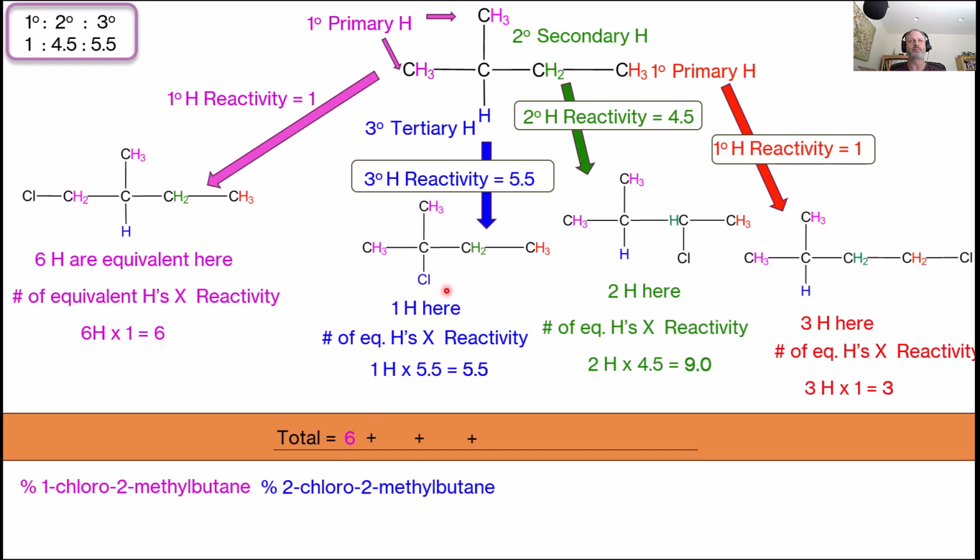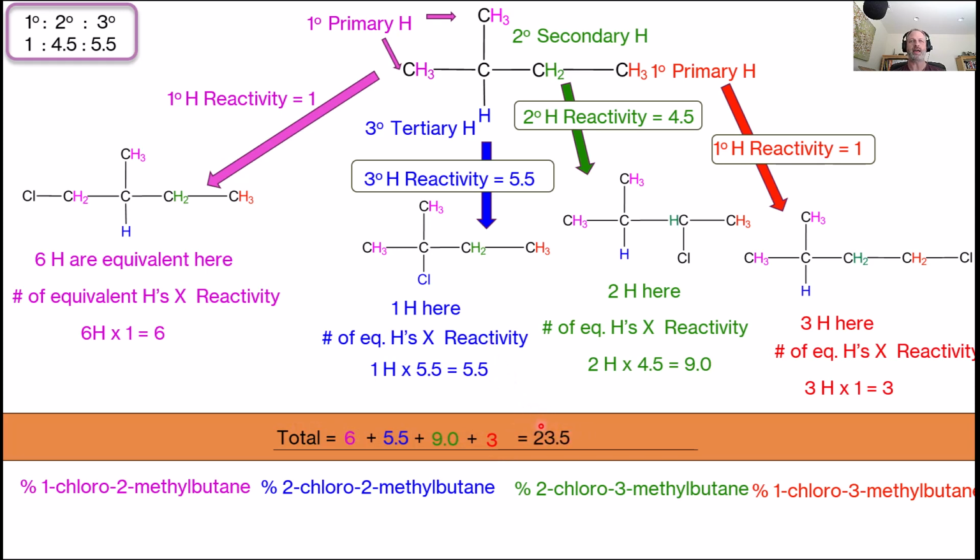Its contribution is 5.5 to our sum of the relative reactivities. Moving over here, we have 2-chloro-3-methylbutane. Its contribution is 9. And then lastly, we have 1-chloro-3-methylbutane, and its contribution is 3. Now, if we add all those numbers together, we get 23.5.